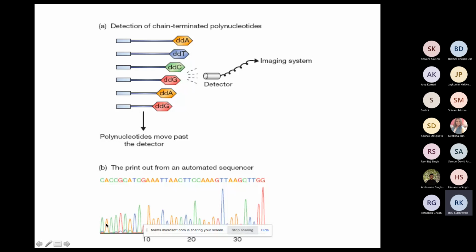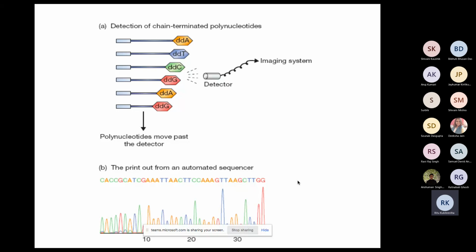Many times, when you get your sequence back from the company, you will see that there are overlapping peaks. Let's say you have a C and G overlap. In those cases, you are not able to read the sequence properly, and you have to get it resequenced from the company, because you cannot figure out whether it was C or G. Sometimes this happens in a CG rich region, or in a region with multiple identical nucleotides at a stretch, and at times you have problems figuring out the real sequence.